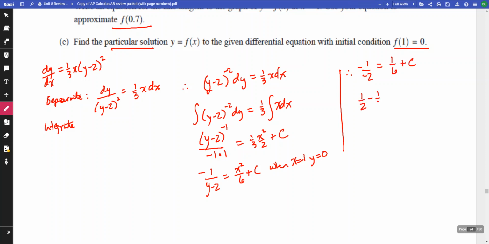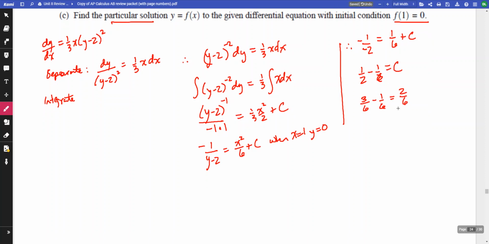So 1/2 minus 1/6 equals c, which is 3/6 minus 1/6, or 2/6. So negative 1 over (y minus 2) equals x squared over 6 plus 2 over 6, which implies negative 1 over (y minus 2) is (x squared plus 2) all over 6.